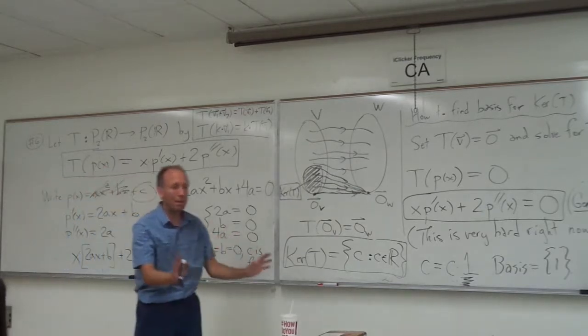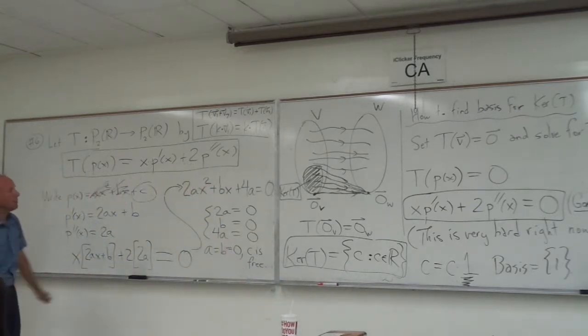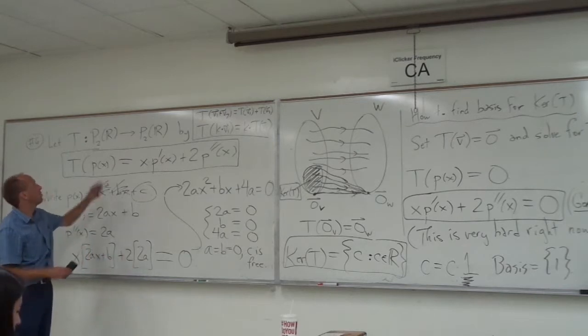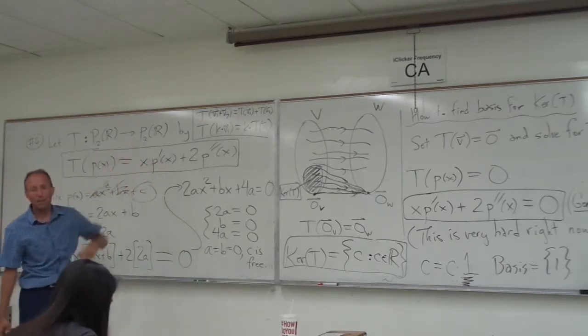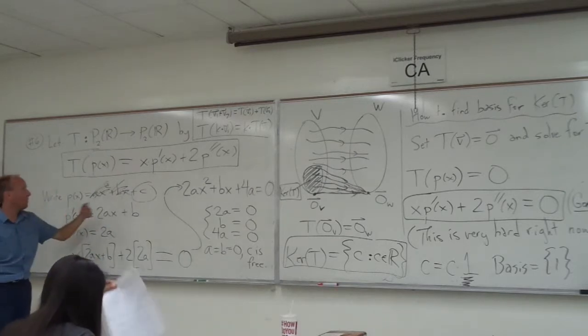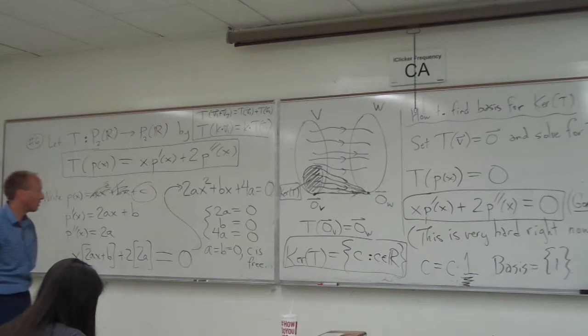Not all of these examples are this tricky, but for these polynomials, sometimes it works out that way. That it's better for proving the linearity to leave it like this, but it's better for finding the kernel to write p of x like this. Okay. So that's the basis and the dimension of the kernel.